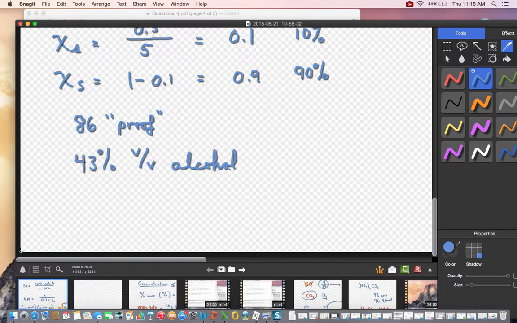What would be the mole fraction of this? Let's assume we have 100 milliliters, or we have 100 grams, so 43 grams would be due to the ethanol, which has a molar mass of 46.